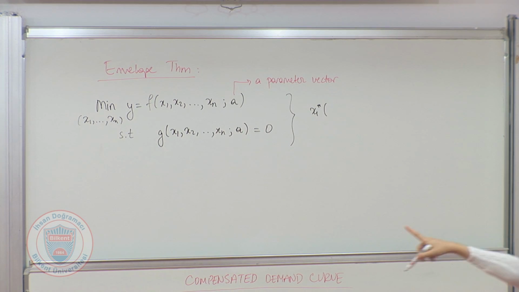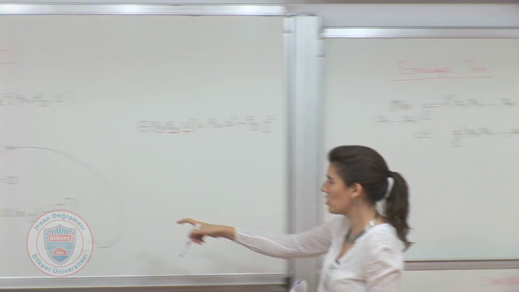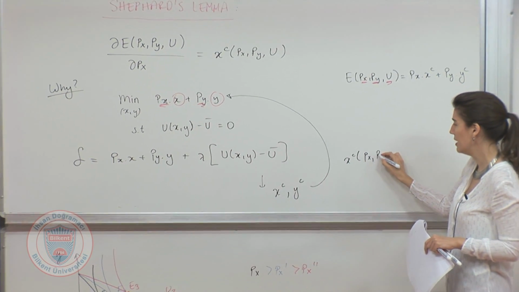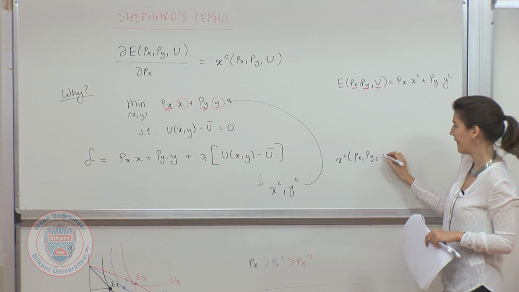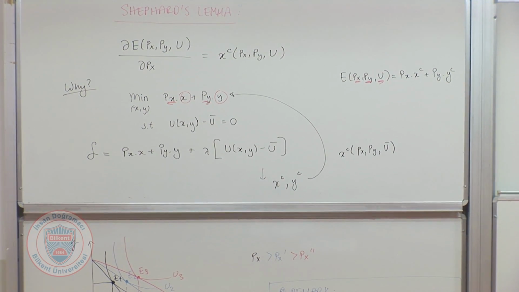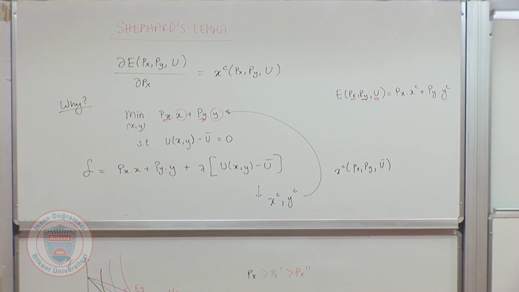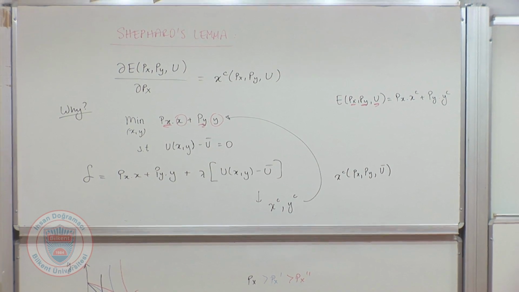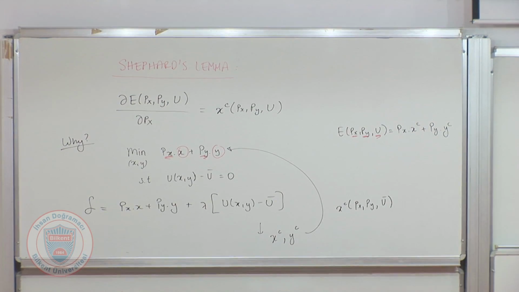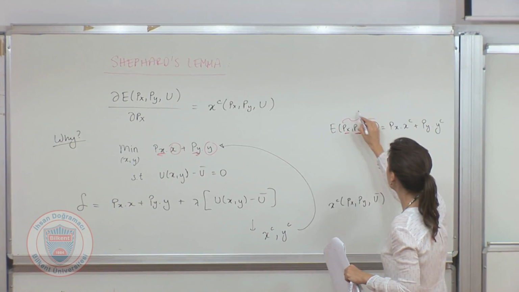Check this out. From here, xc is a function of what? Px, py, and u bar. So these optimal guys are functions of a, right? The parameters, px, py, u. Here, in this math form, I call this a.